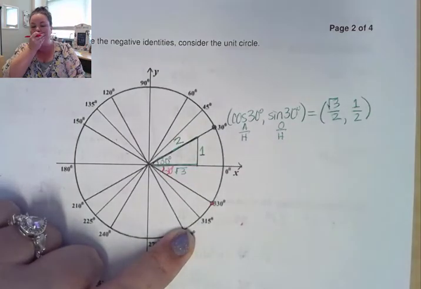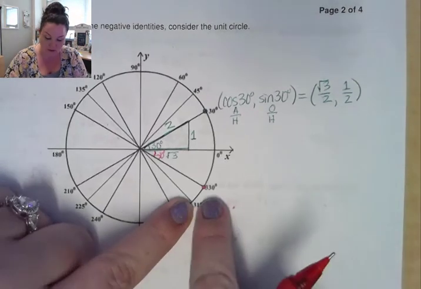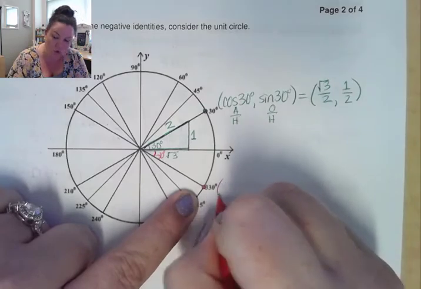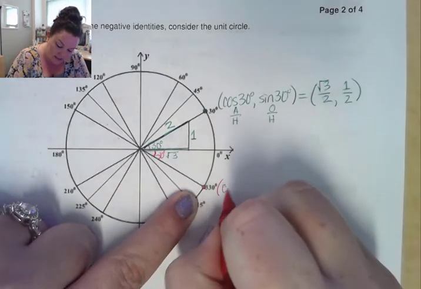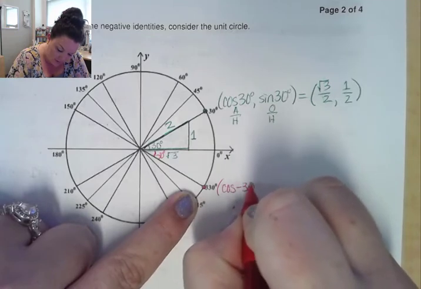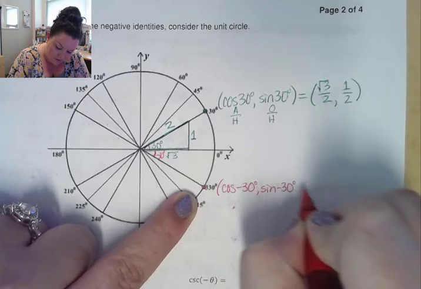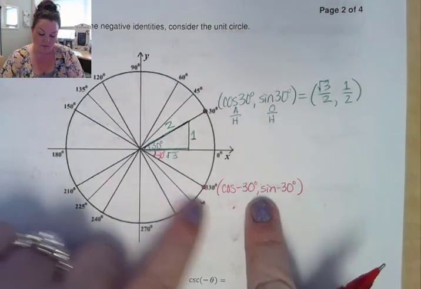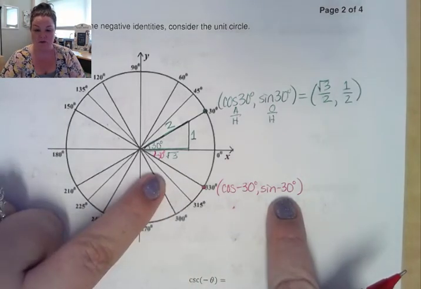I'm sorry, this is really small down in here. Then if I wanted to find this point, or this ordered pair on the outside of my unit circle, I could write this as the cosine of negative 30 degrees and the sine of negative 30 degrees. I should be able to find their values using a 30-degree triangle as well.